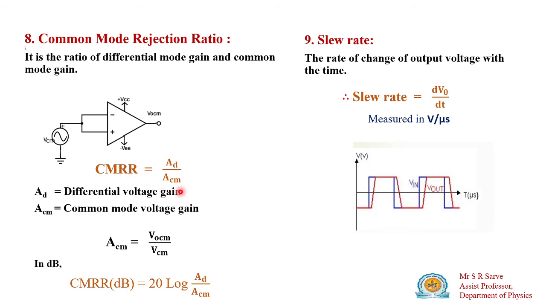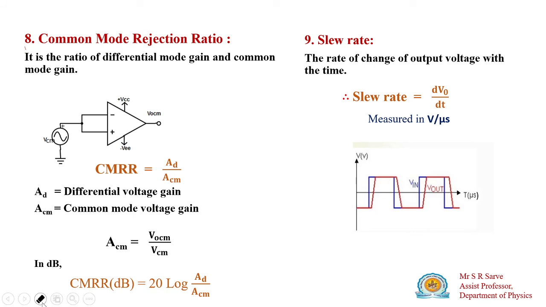So if I take this common mode gain, you will get some differential gain here, AD. So this is the ratio of your differential gain to the common mode gain.